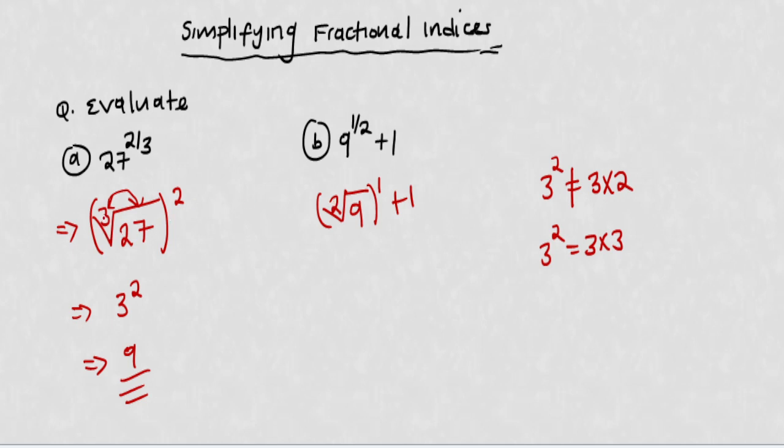Earlier we were looking for the cube root because there was a 3; we said cube root of 27. So here the square root of 9 is 3 raised to the power 1, then plus 1. 3 raised to the power 1 is just 3. Then 3 plus 1 gives 4. So that's how you can simplify indices involving fractional powers.